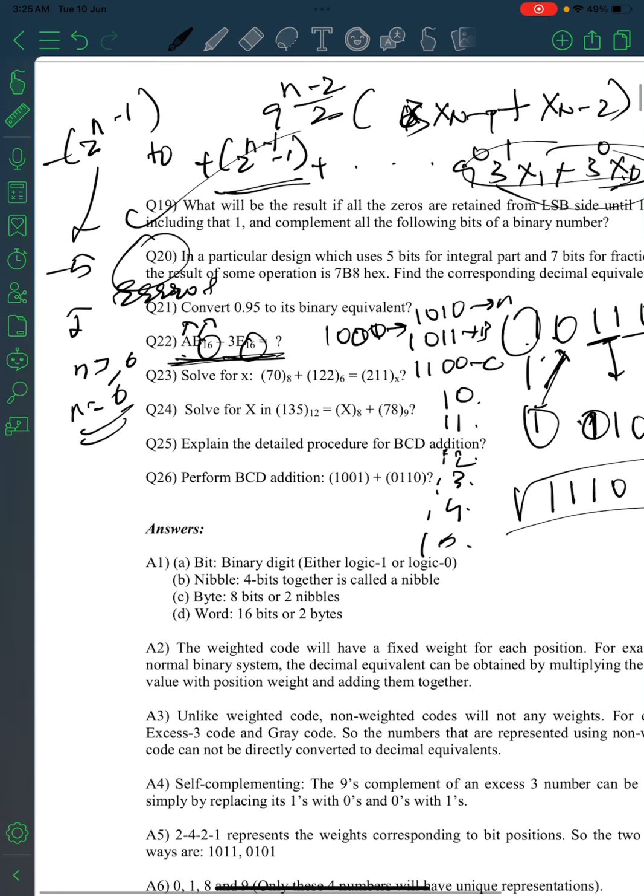For the fractional part alone, remember, we'll be making the binary representation of the fractional part in a consecutive manner, the way we multiplied by 2.